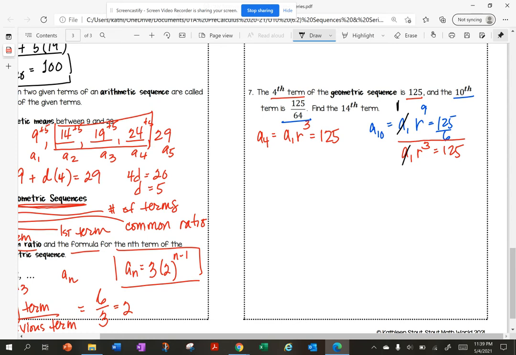So r to the 9th divided by r cubed is r to the 6th power. And 125 divided by 64 over 125 is a dividing fraction, so I'm going to flip and multiply. So this will be 1 over 64.